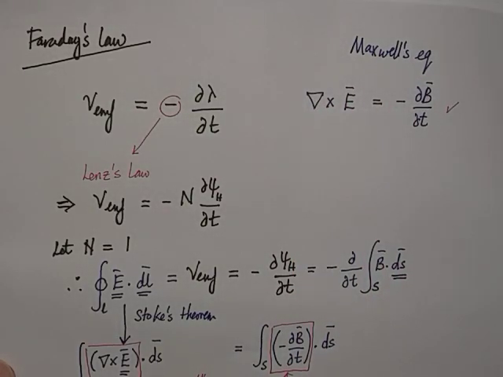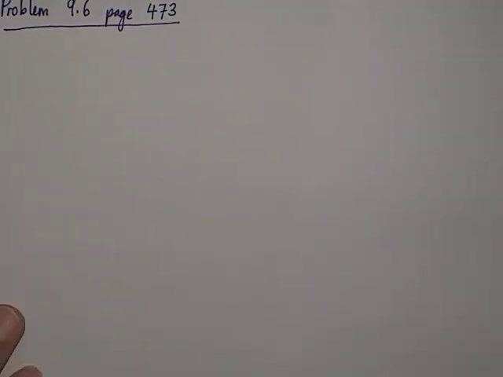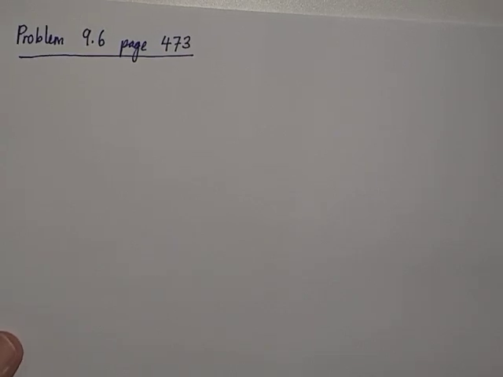Okay, so now coming back to the intention of this video, to do a problem. I'd like to refer to a problem from our textbook, but first we go back to the idea of Faraday's law, just to make it a bit systematic.